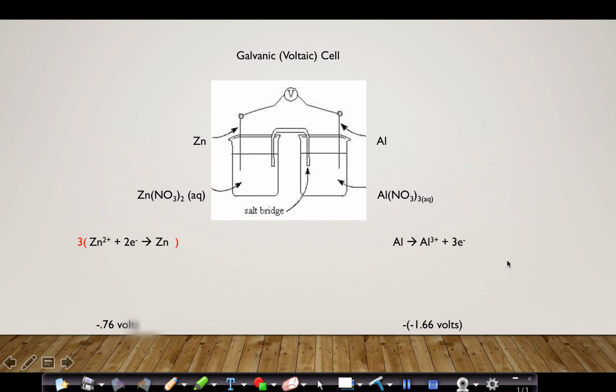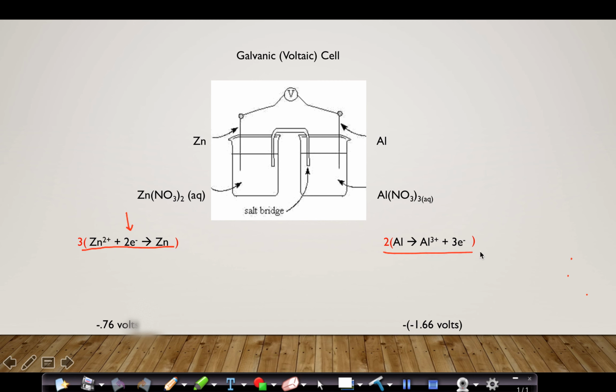If we want to put this reaction into a net ionic equation, we have to balance the electrons. If we look over here, this reaction has 2 electrons. This one only has 3. So we are going to multiply these reactions by integers. We multiply the zinc reaction by 3 to get a total number of moles of electrons of 6.